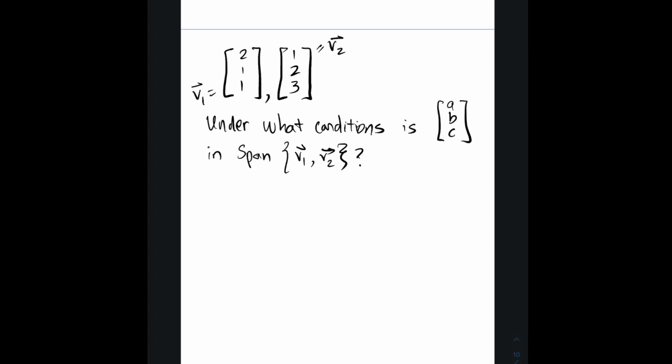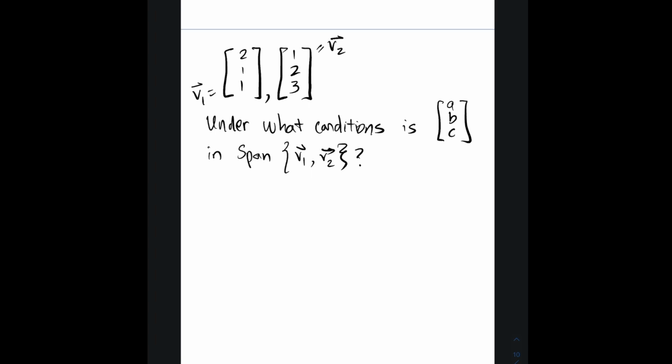And we saw that there are some vectors that are not in the span because the span is a plane. So any vector that's not on that plane is not in the span. Right? So another way of phrasing this question is that we're looking for an equation of the plane. We're looking for what equation has to come true in order for this vector to be on the plane.